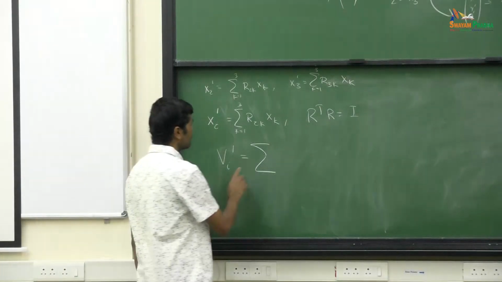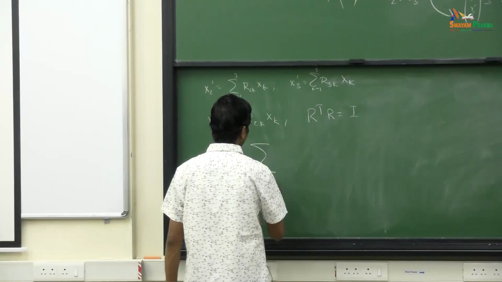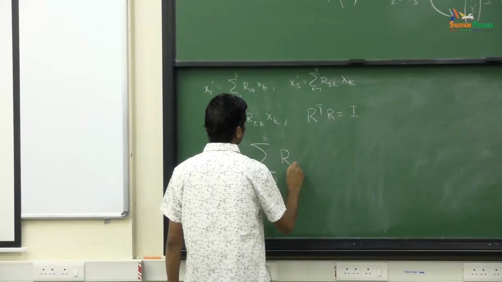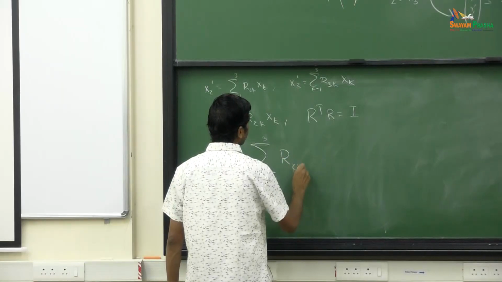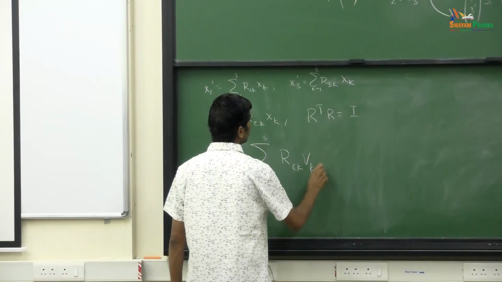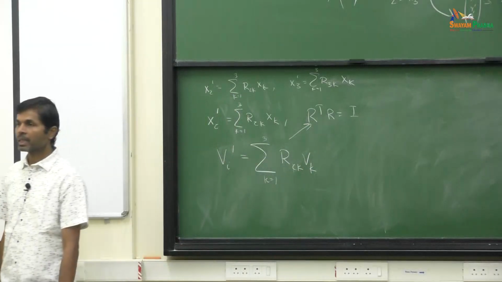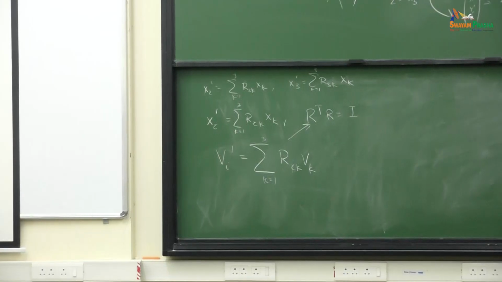It will go from V_i prime to the sum over k equal to 1 to 3 of R_ik V_k, where R_ik satisfy this relation.